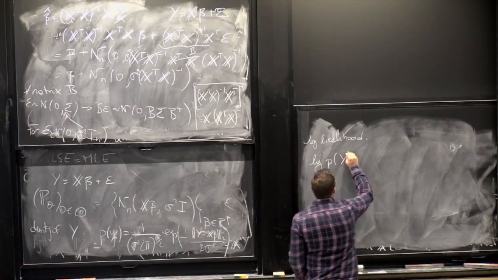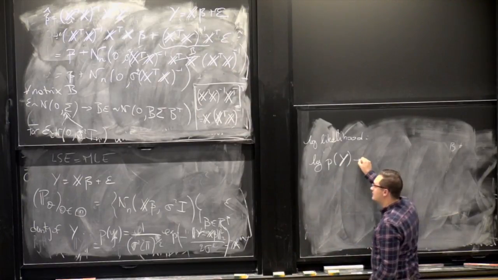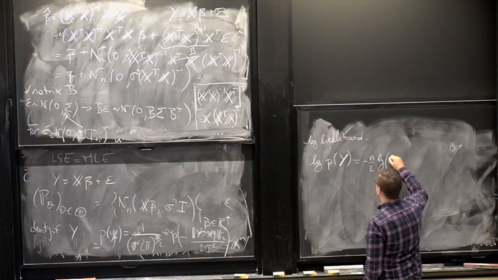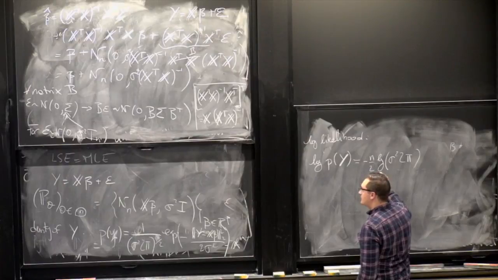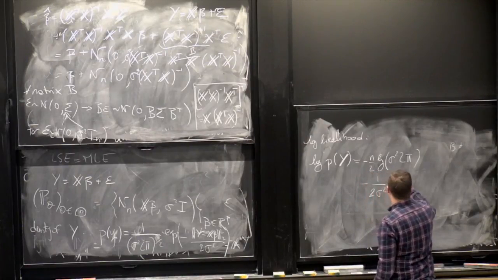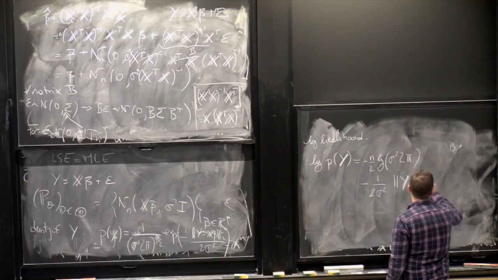And that's the vector y, which I can write as minus n over 2 log (sigma squared 2 pi) minus 1 over 2 sigma squared norm of y minus X beta squared, and that's again my boldface y.